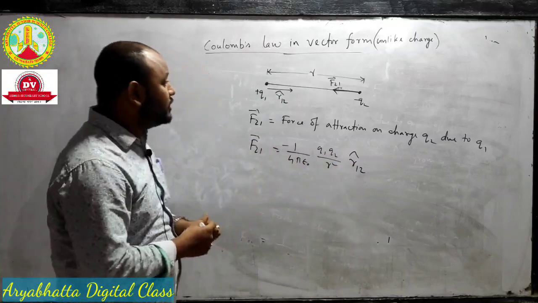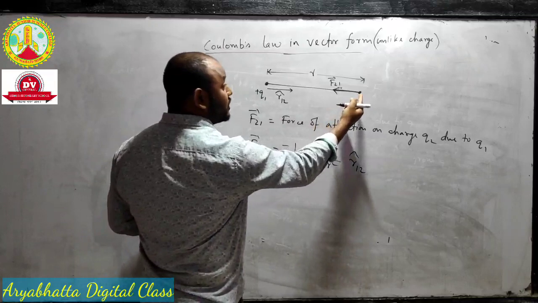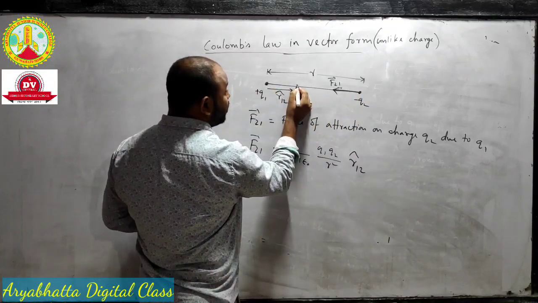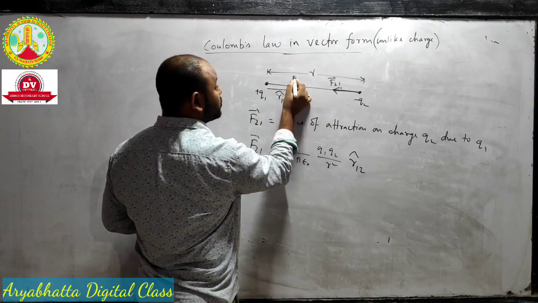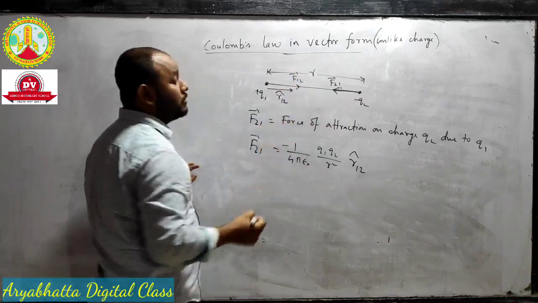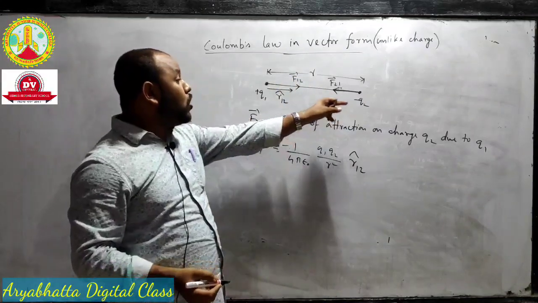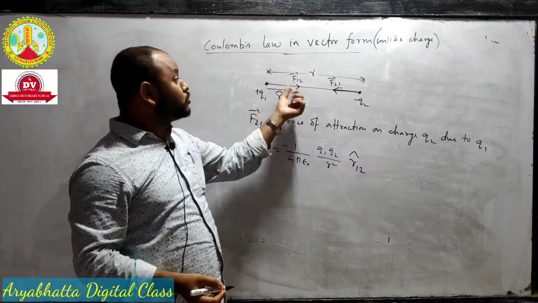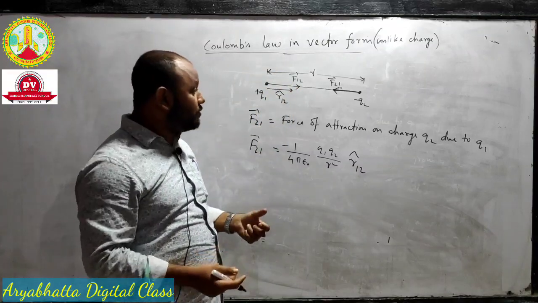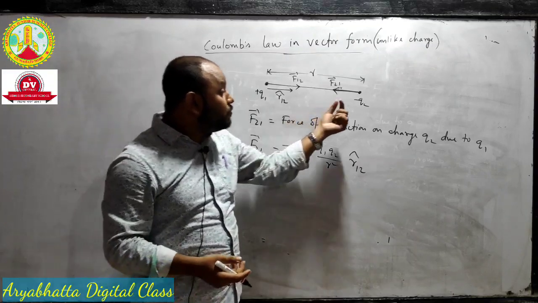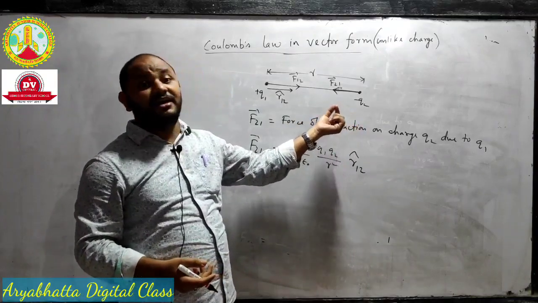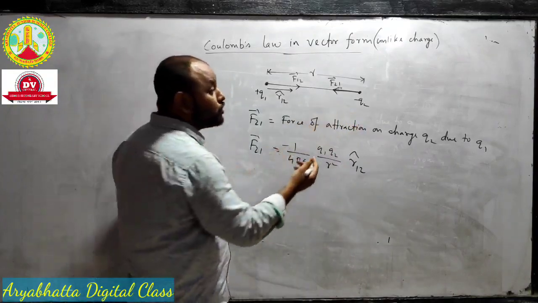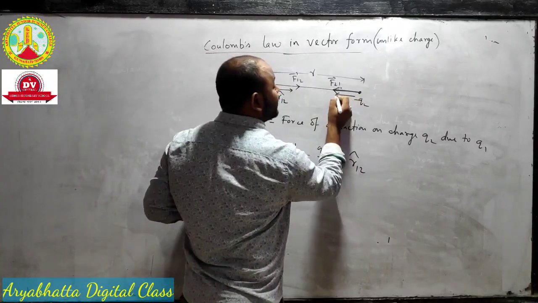Similarly, this minus Q2 will also attract Q1 in this direction with a force F12. Minus Q2 will also exert a force F12 on charge Q1. This is also a force of attraction. This time the minus Q2 will exert that force, so the position vector will come from minus Q2.